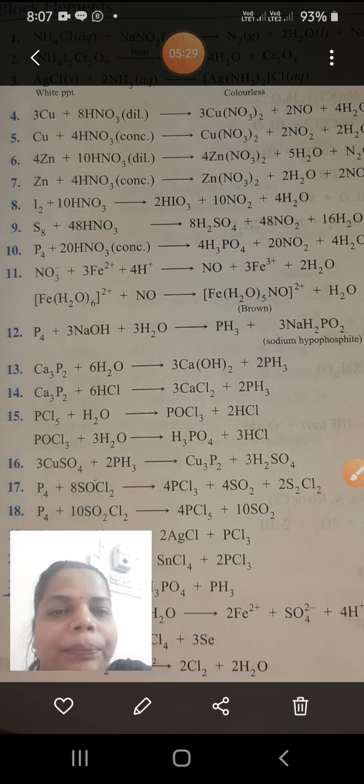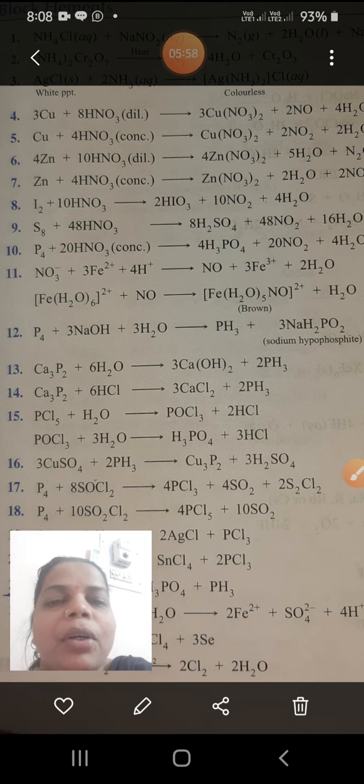This reaction is nothing but the test of nitrate ion that you have already done in qualitative analysis, where the brown ring is formed when we treat the salt with freshly prepared ferrous sulfate, and then when you react this with sulfuric acid, you will get one brown color ring. That ring appears at the bottom of the test tube.